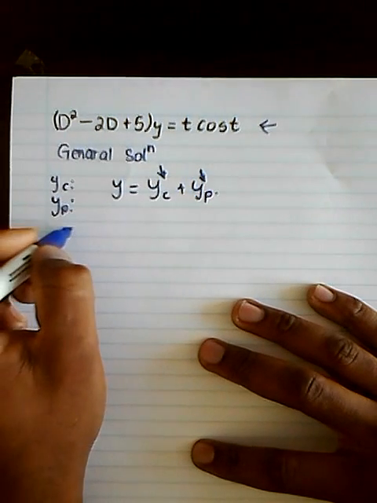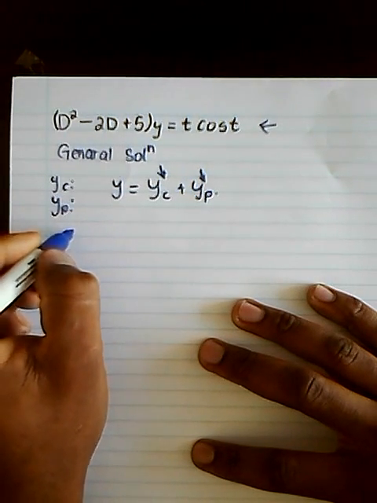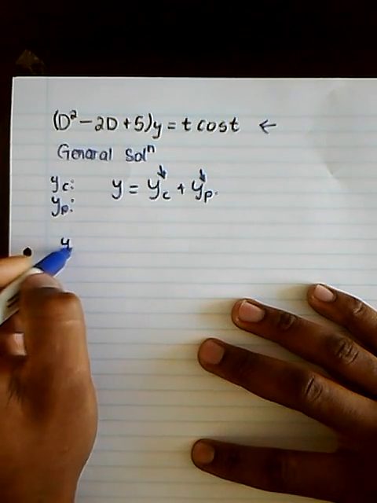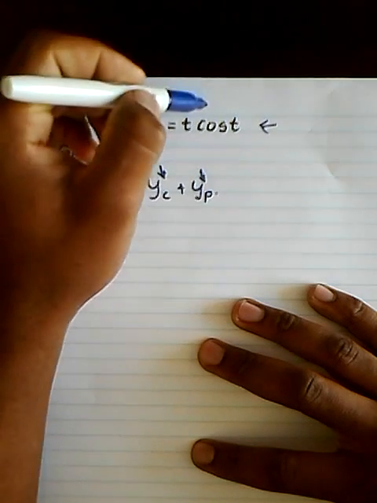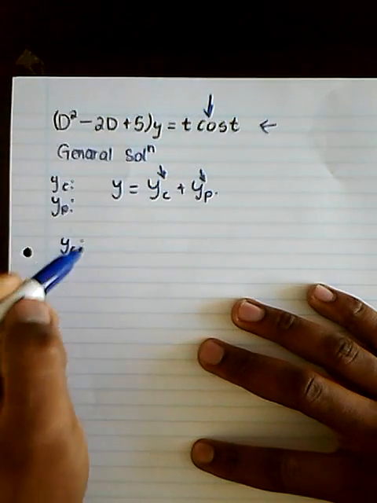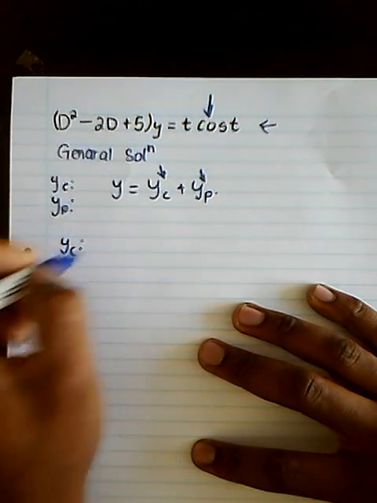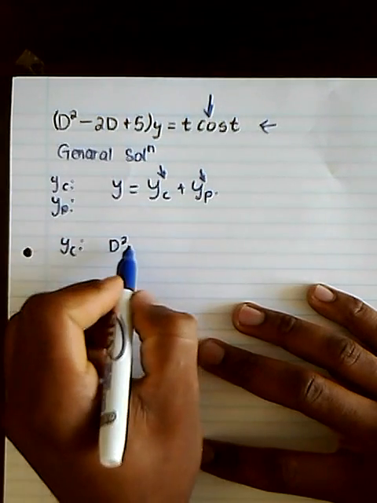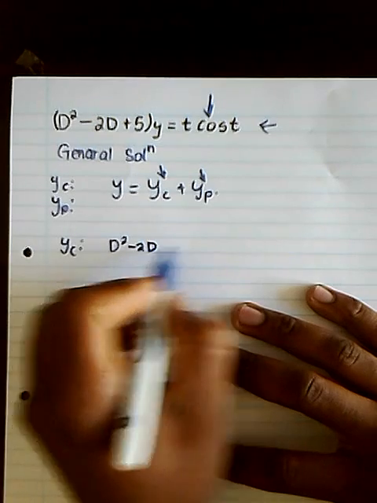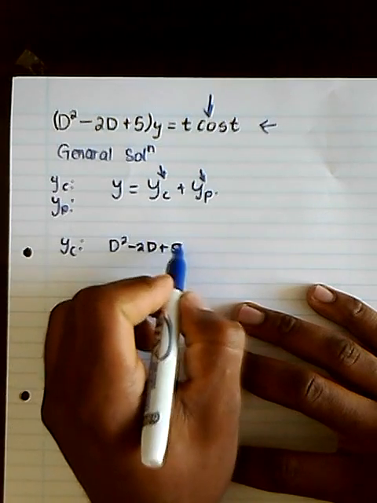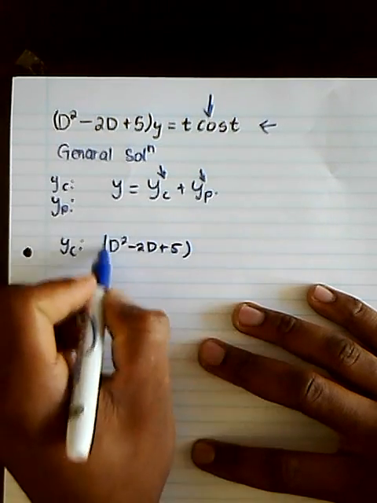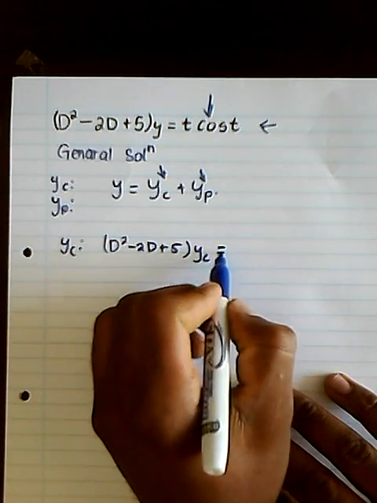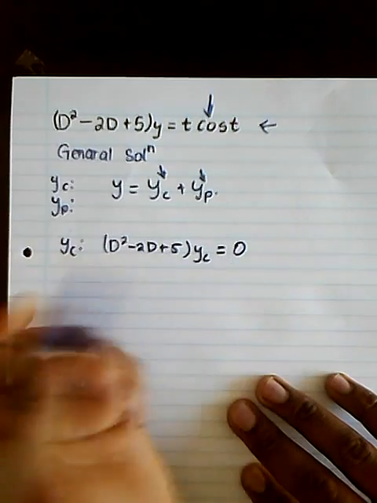Okay, I'm going to first determine yc. With yc, we know that the right hand side must be equal to 0. So we're going to write out the operator as d squared minus 2d plus 5 operating on yc, which is equal to 0.